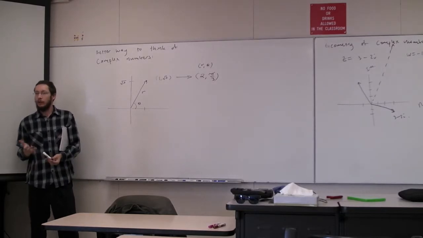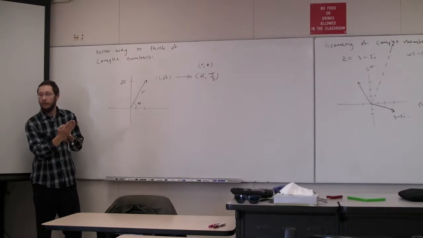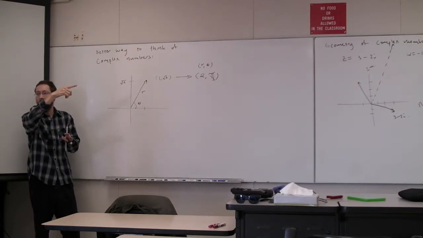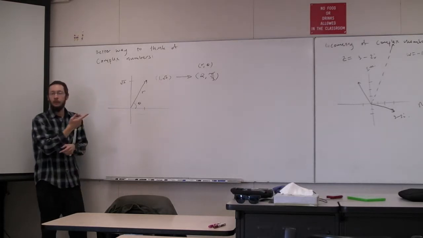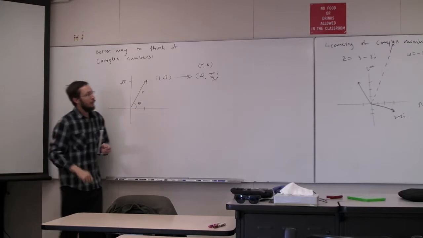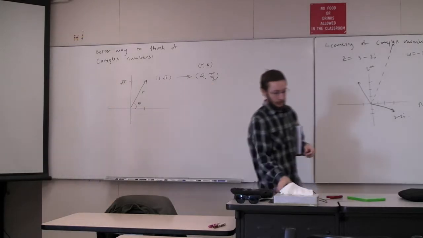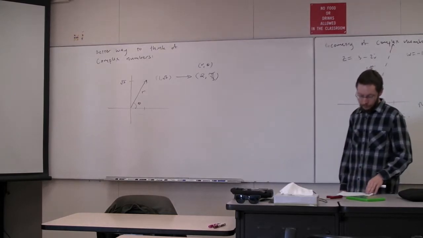And so this is also a very natural way of thinking about the xy plane. Given any point, how far did you rotate from the x-axis, and how far out from the origin did you go, right? And so it turns out that this is actually sort of a better way of thinking about complex numbers: a direction together with a magnitude.